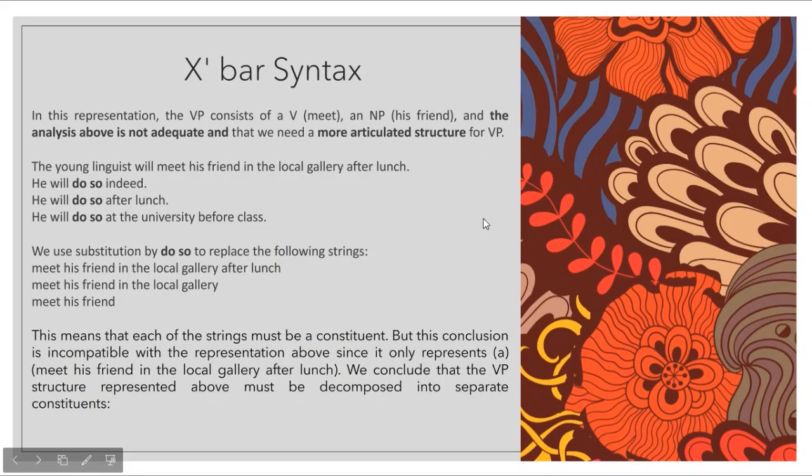In this representation, the VP consists of V, meet, an NP, his friend, and the analysis above is not adequate and we need a more articulated structure for VP.